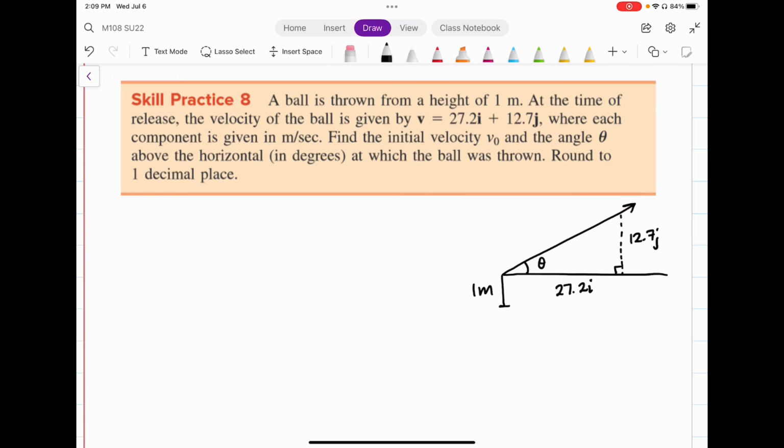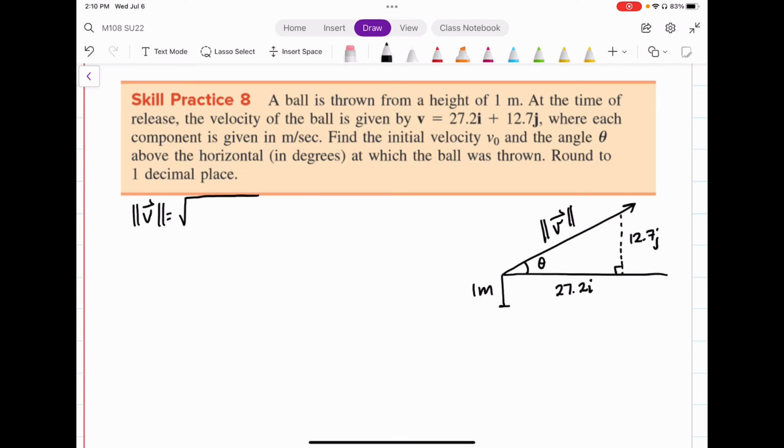We have our 1 meter height that we're throwing the ball from. We know that the horizontal component is 27.2i and the vertical component is 12.7j. The magnitude is the initial velocity of this ball being thrown.